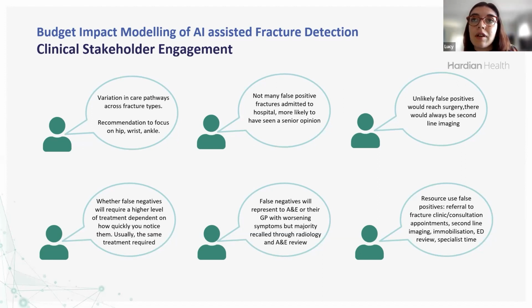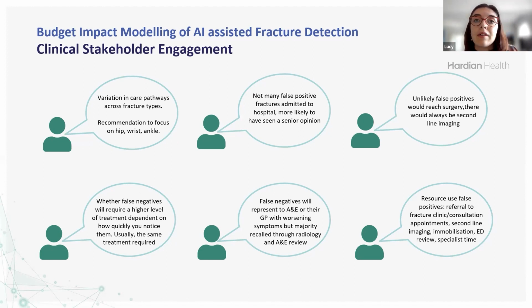Because obviously, if someone is given a false negative detection, are they likely to represent to hospital with a worse condition and therefore require higher treatment than if they had been detected in the first instance?